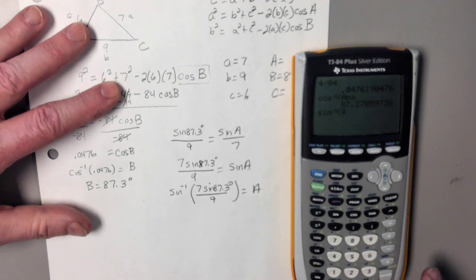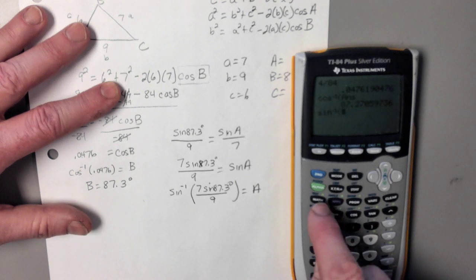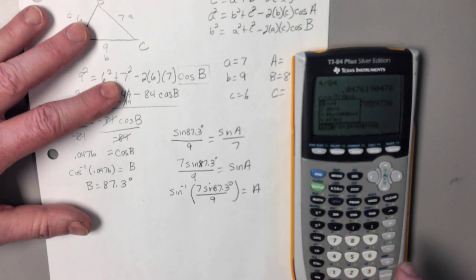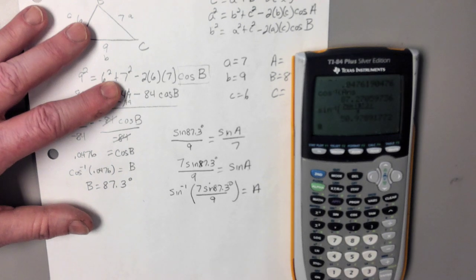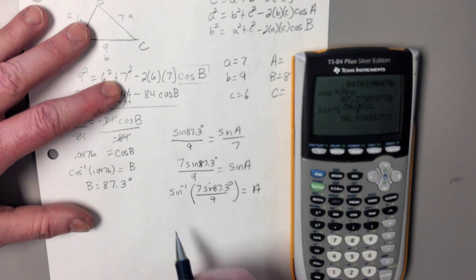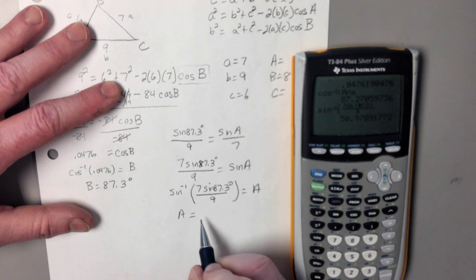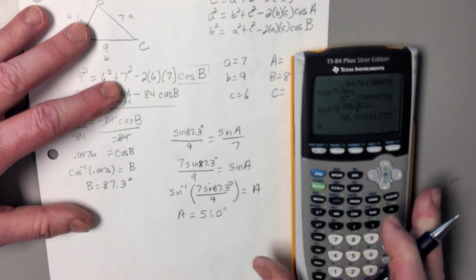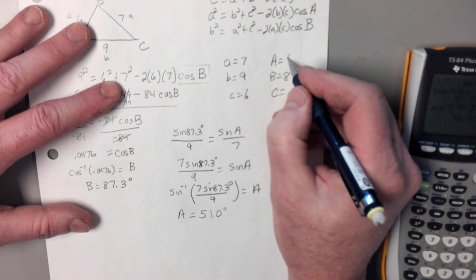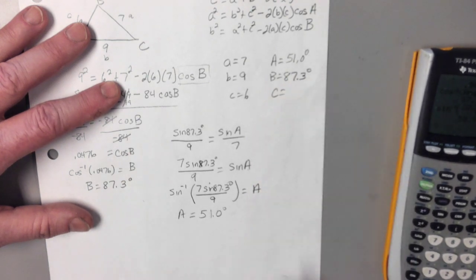Inverse sine of, I'm going to make a fraction, alpha y equals, and choose number 1, 7 sine of 87.3. In the denominator we have 9, and we hit enter, and we get that angle A is equal to 51.0 if we round it off. So angle A is 51.0 degrees.